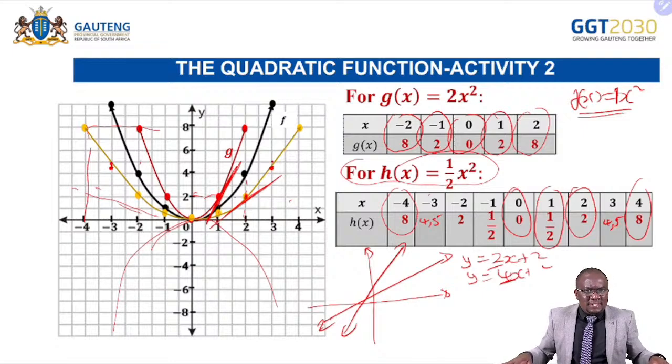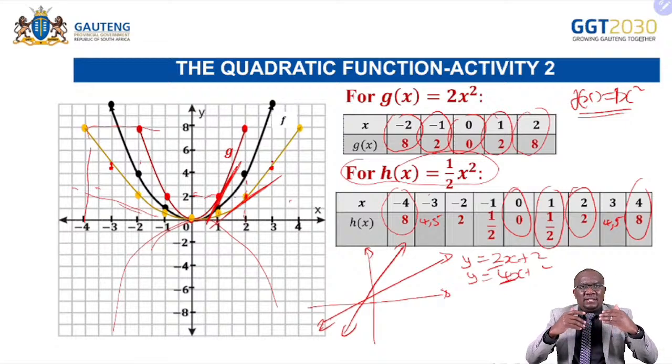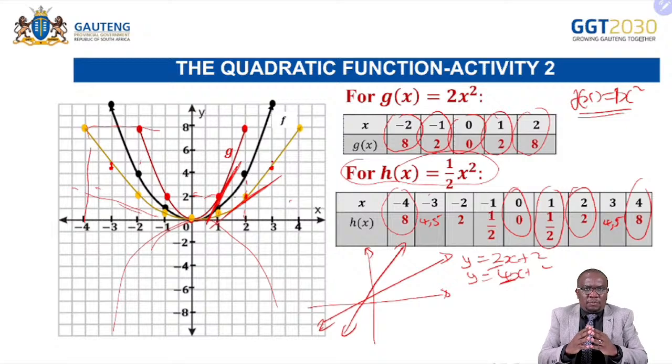If A is negative, the graph is concave down, reflected on the x-axis. If A is positive, the graph, the parabola to be specific, is concave up. And then when it's negative, it's concave down. If A is bigger, the graph is narrower. When A is smaller, the graph is wider. That's what we have learned about the effect of A.